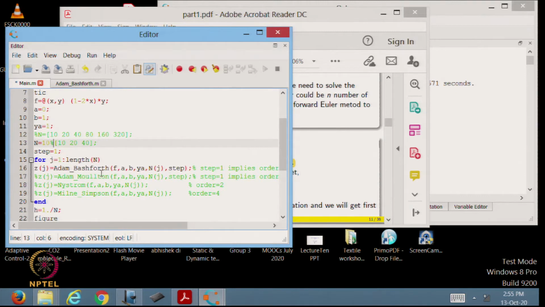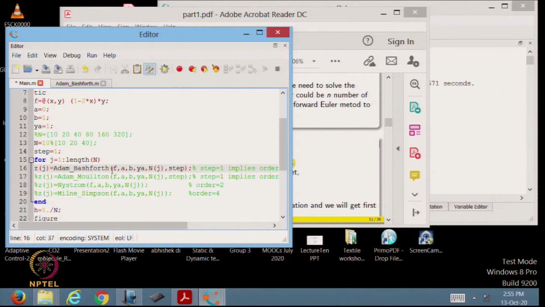That is a very good programming practice: you should decompose your program into smaller components, and for each component you can write your own function. Okay. So, Adams-Bashforth is the name of a function, and the arguments of this function which you can observe from here are f, which is a function, a, b, ya, n j and step.